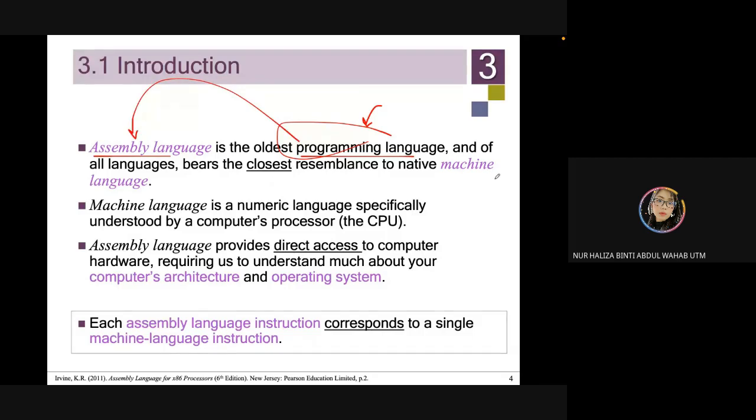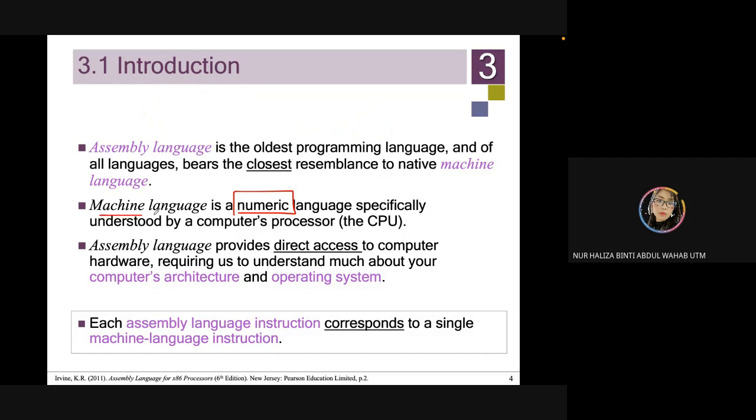And this one is native machine language. Machine language is a numeric language. So you can see that number is still important.